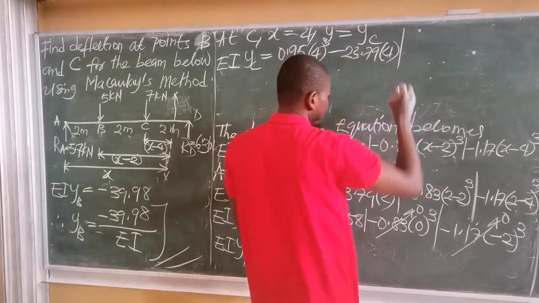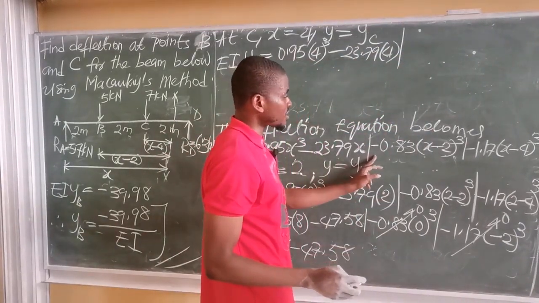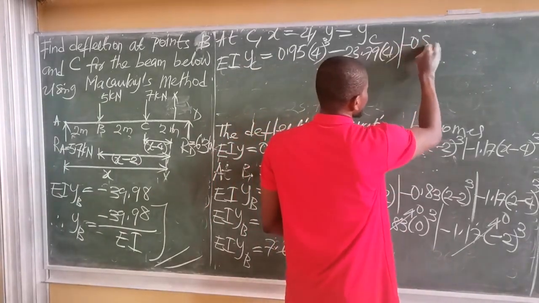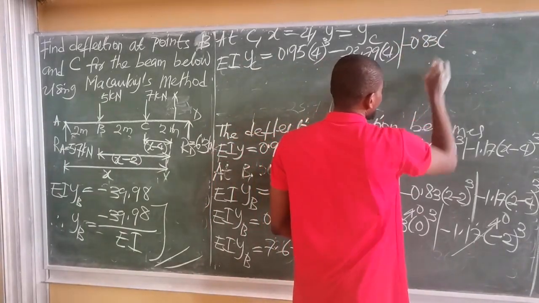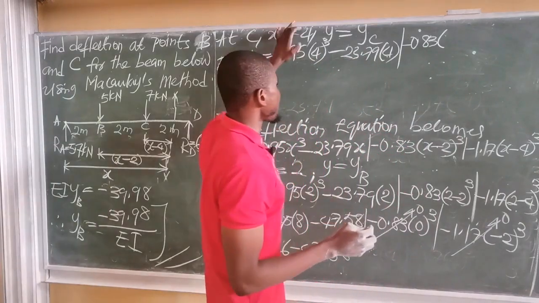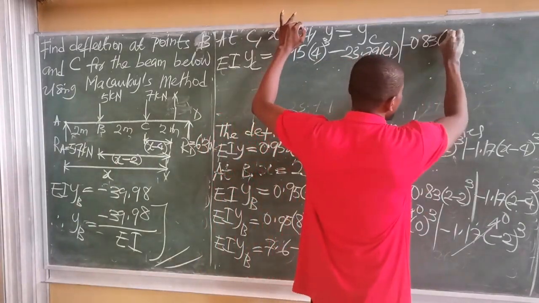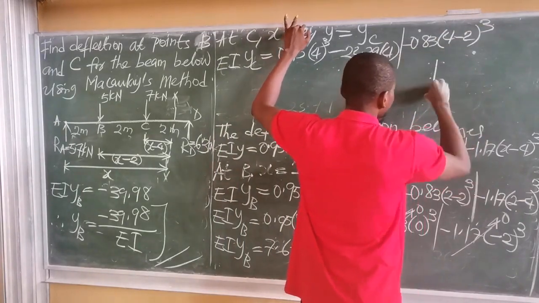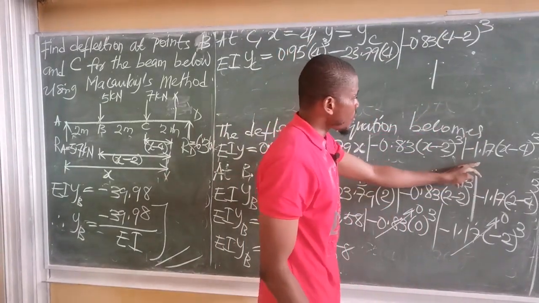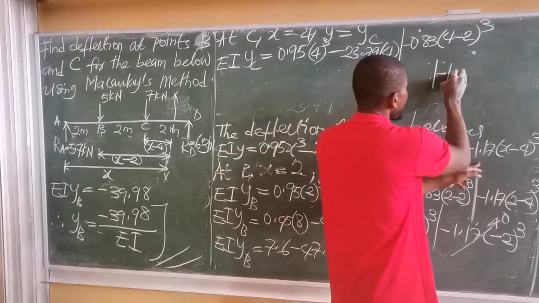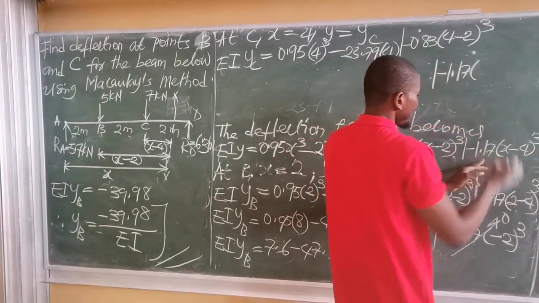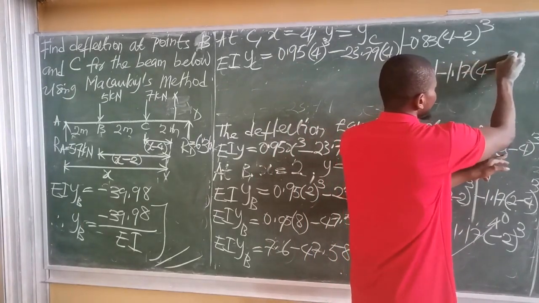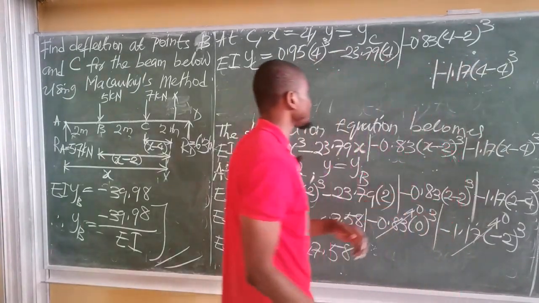Okay, so Macaulay's bracket, we have minus 0.83 x minus 2 cubed. In place of x now, x is simply 4. So it becomes 4 minus 2 to the power of 3. Put down your Macaulay's bracket, which is the final one. We'll have here minus 1.17 into x here is 4, becomes 4 minus 4 to the power of 3.